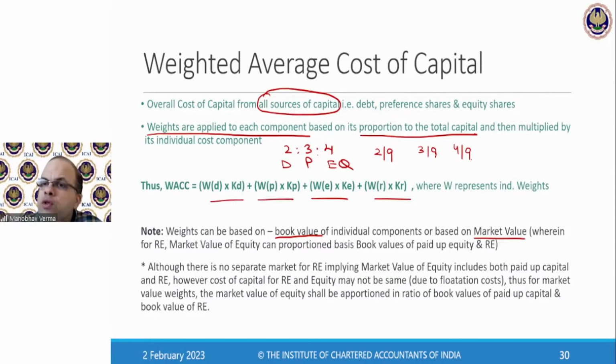But when it comes to the market value, you need to tell me: if I tell you the market value of the equity is so and so, does the market value represent separate values for the equity and retained earnings, or just one value? Do we get separate market values for the equity components, or do we just get one market value?